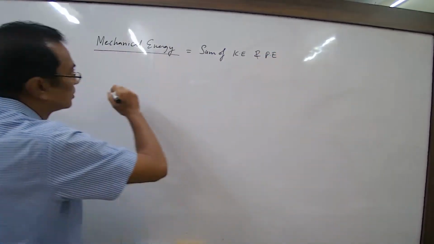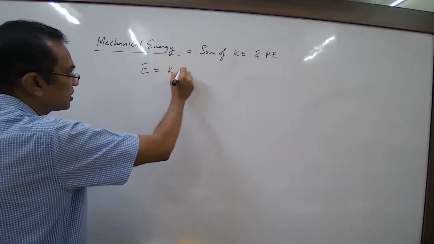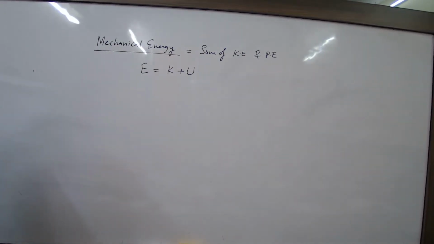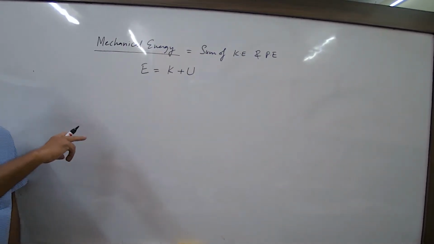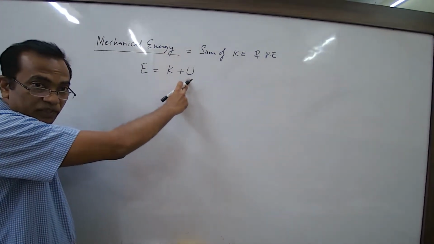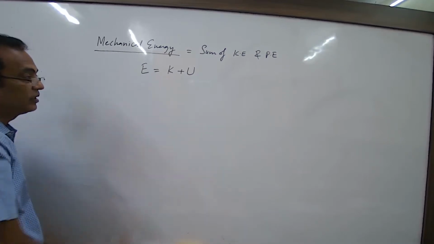So we say E is equal to K plus U. What is the mechanical energy of a body? Sum of its kinetic and potential energy. So potential energy is represented by letter U, kinetic as K.